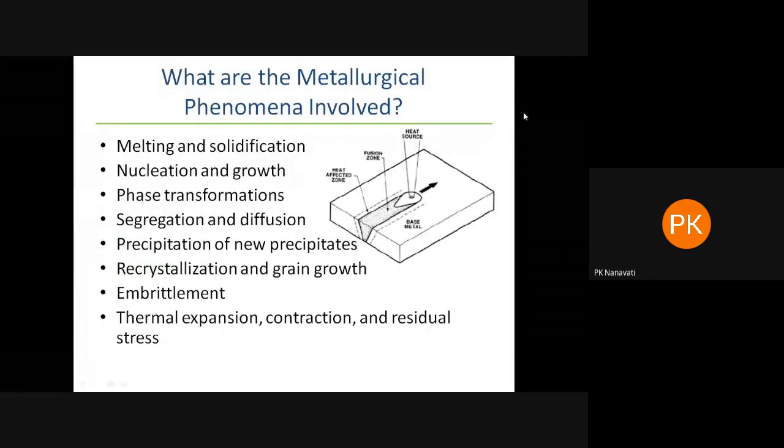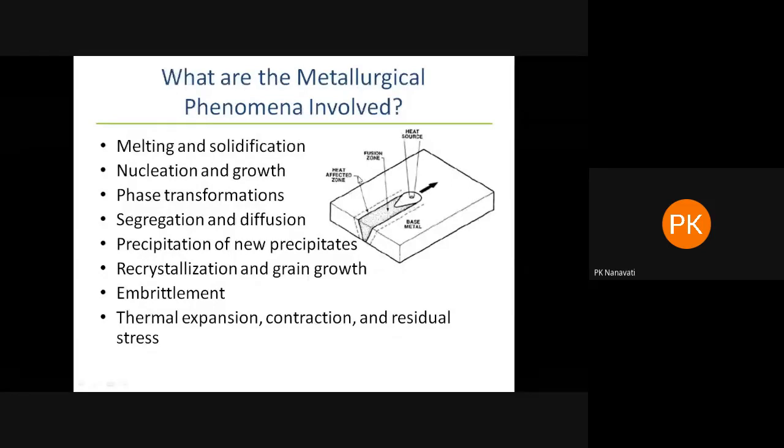So what are the phenomena involved? On your screen, on the top right, you see a welding plate with welding in progress. You see a fusion zone where the filler metal or the base metal is melted, and a heat affected zone just adjacent to the fusion zone, and you see a moving heat source. This is the direction of the welding.